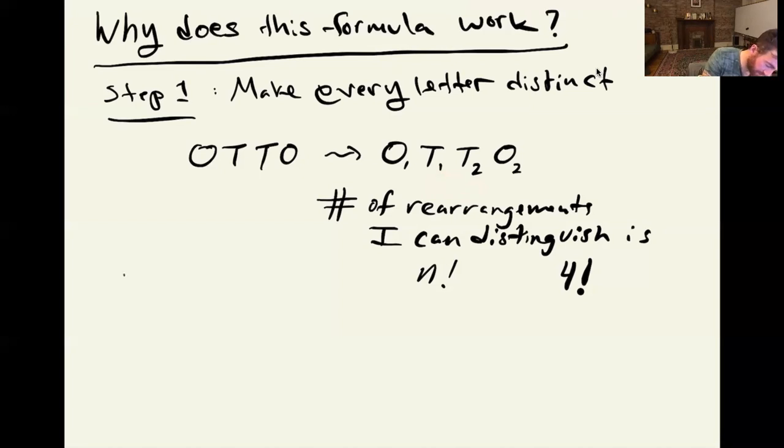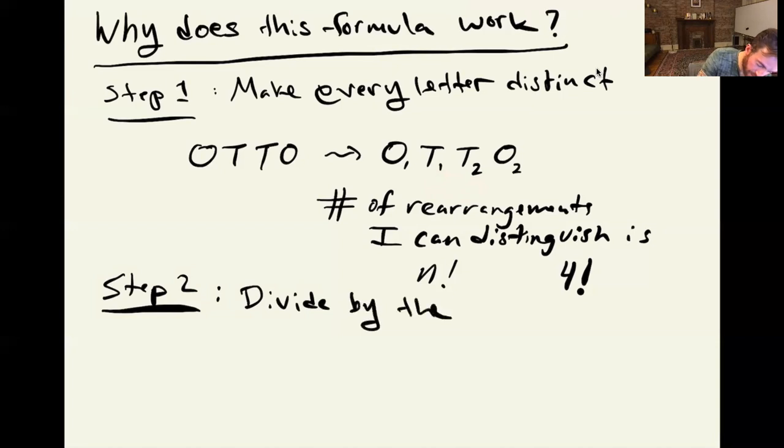It just says, divide by the number of permutations that you can't really tell apart.